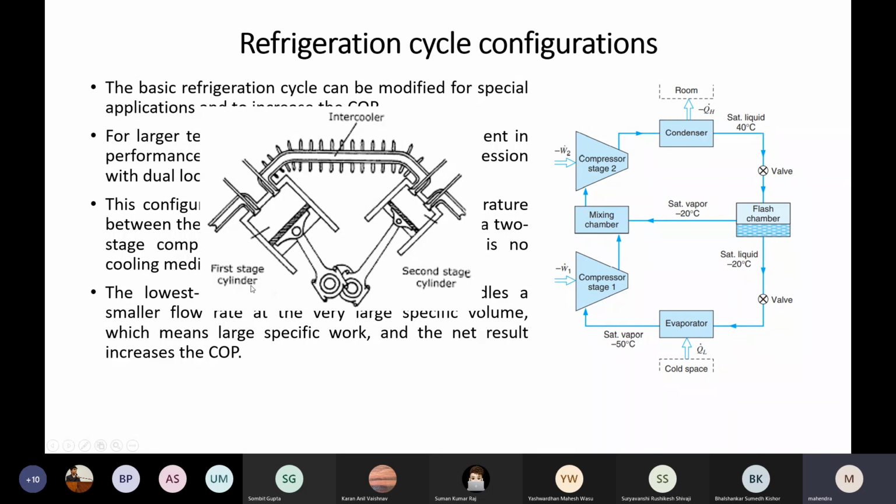Okay. See here. Let us assume here air is entering at atmospheric pressure, and here we are compressing to 12 bar pressure. Let us assume. Then when you are taking this much air and compressing to 12 bar at a time, what will happen?